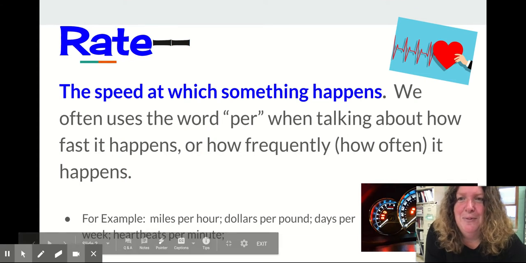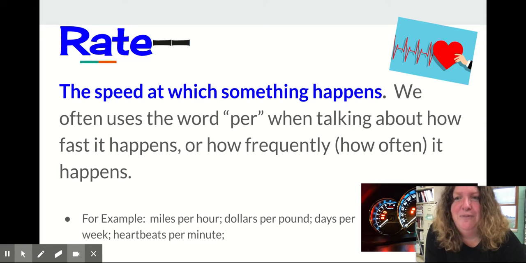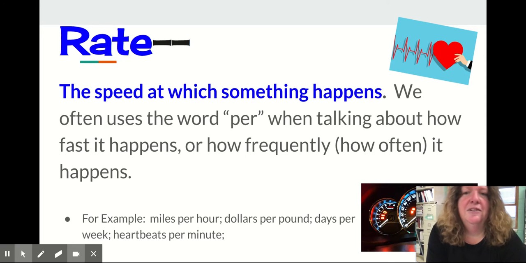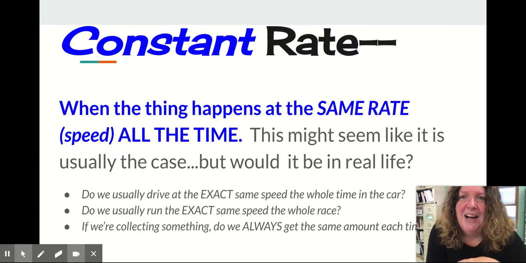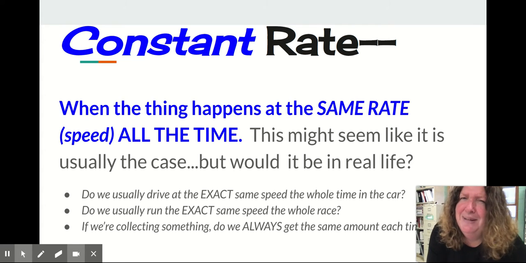We talked about rates, the speed at which something happens. A rate is how fast something happens, and we almost always use the word per when talking about it. Miles per hour, dollars per pound, days per week. Constant rate means it has to happen at the same rate, and we talked about that in real life. How often does that happen?